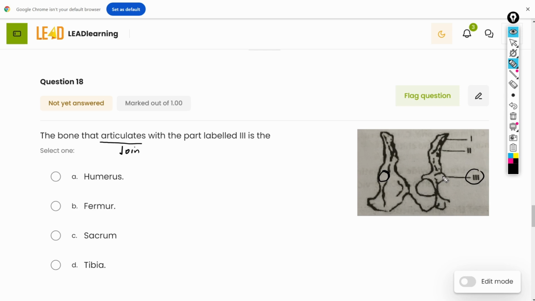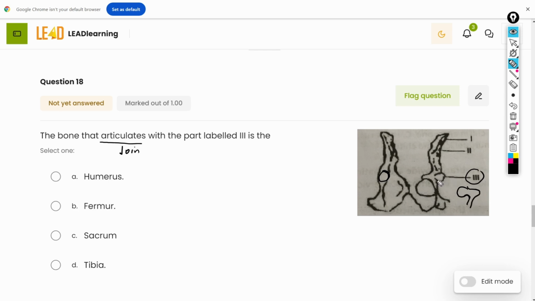It allows a bone with a ball to fit in. Now to actually determine which bone will fit in here, we need a bone that has a ball head, so that it can fit in to form a ball and socket.